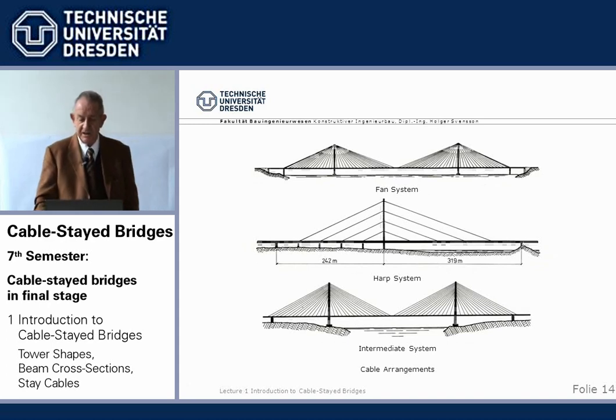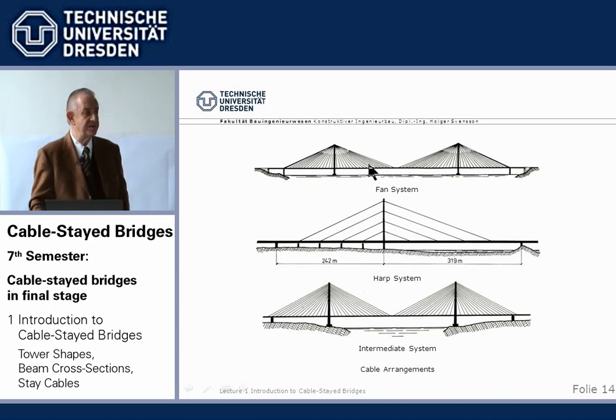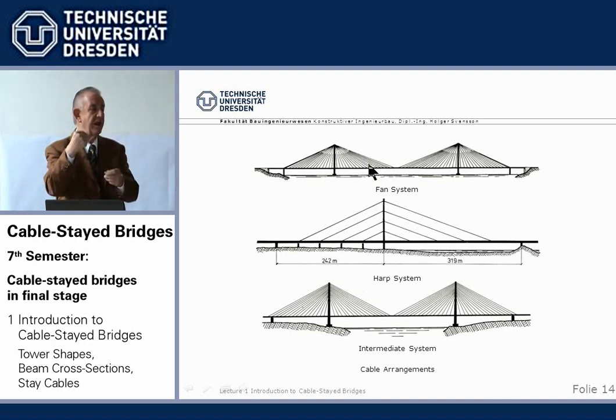We can arrange these cables in basically two shapes. The one shape is where they all meet at the tip of the tower and radiate out. So it's called a fan system. You know what a fan is: if you want to cool, the ladies preferably want to cool themselves, and you can open and close a fan, ein Fächer.